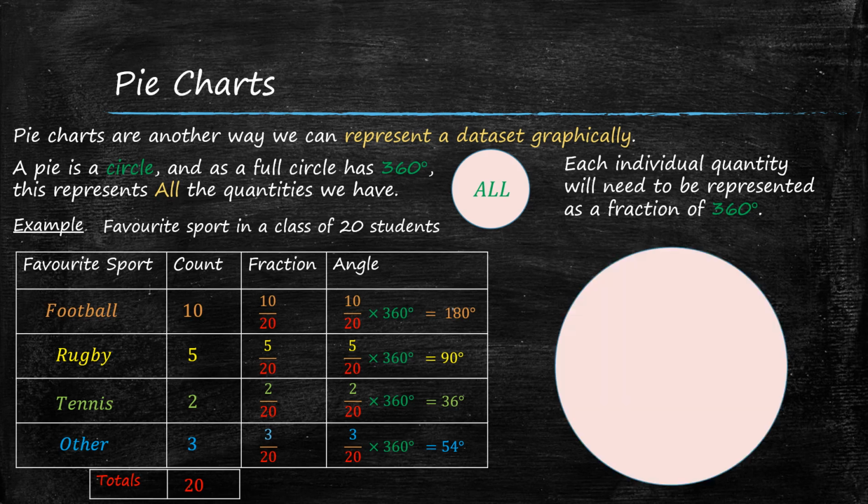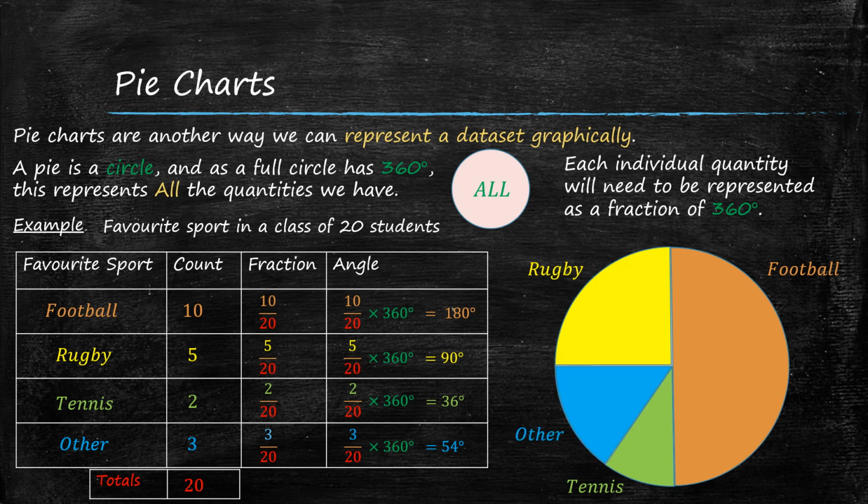Let's draw our pie chart. So our pie chart is a full circle. The full circle represents all the quantities within the pie. And let's draw on football. Football gets half the pie. Rugby gets a quarter of the pie. Tennis gets 36 degrees. Now you'd use a protractor to draw this if you were drawing this with pencil on paper. And other gets 54 degrees.